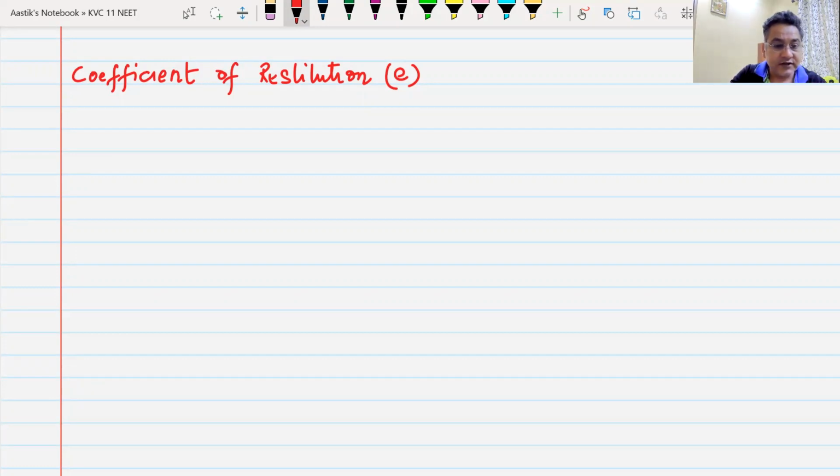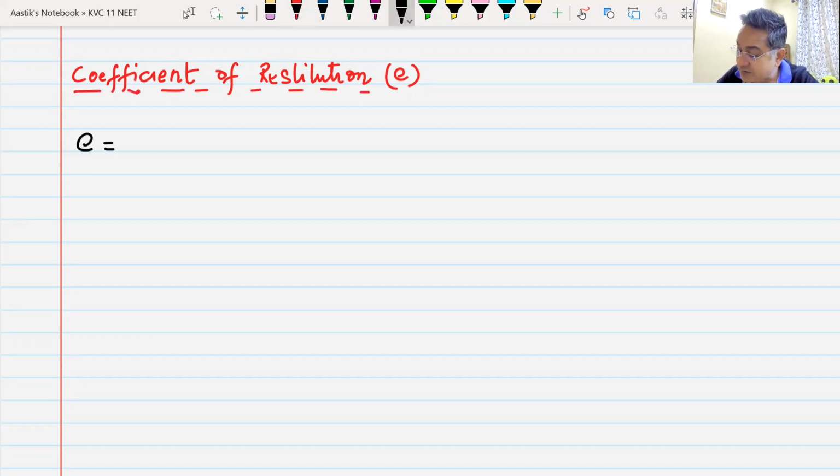Now, what is this coefficient of restitution? The formula for this coefficient of restitution is like this, and you must remember the formula, and then I will tell you some examples of this.